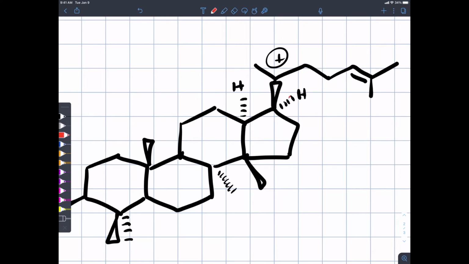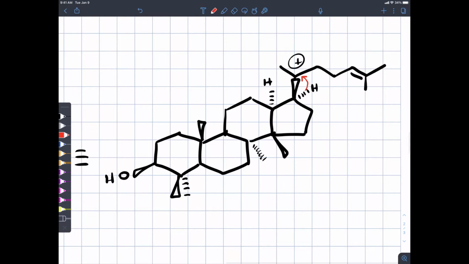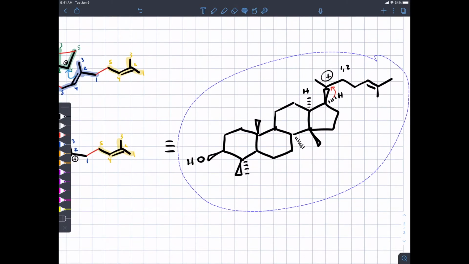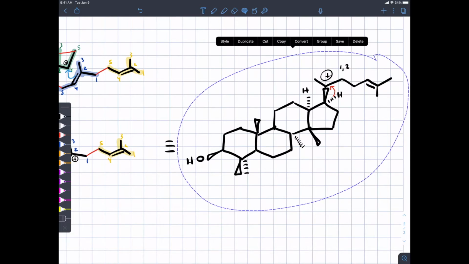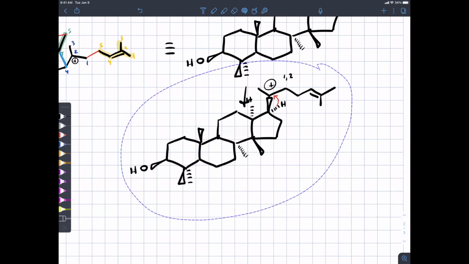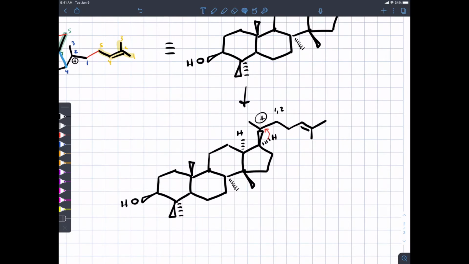And if I move this over via a 1,2 hydride shift, that would place a positive charge on the adjacent carbon, but we're just exchanging one positively charged tertiary carbon for another tertiary carbocation.